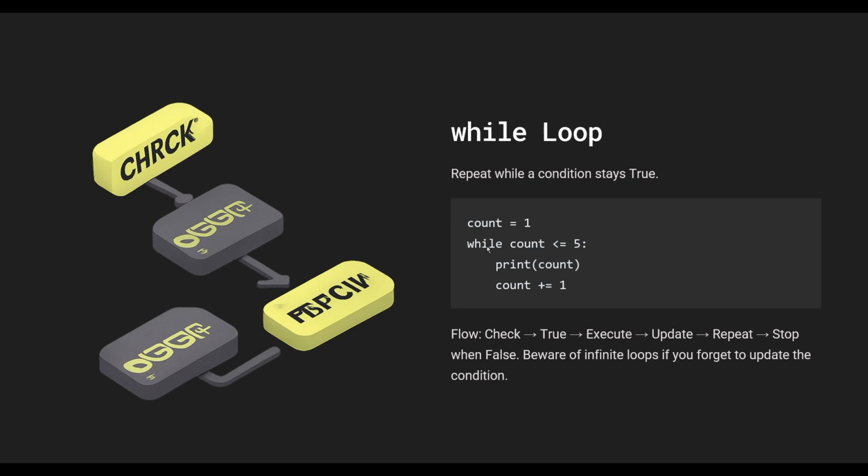While count is less than or equal to 5, is 1 less than or equal to 5? Yes. Then it will print 1 and then go for plus 1. The count is incremented by 1, meaning it becomes 2. Now does it satisfy the condition? Yes, it's again less than. Then it prints again, and at the end the condition will no longer be satisfied, and the loop will end here.